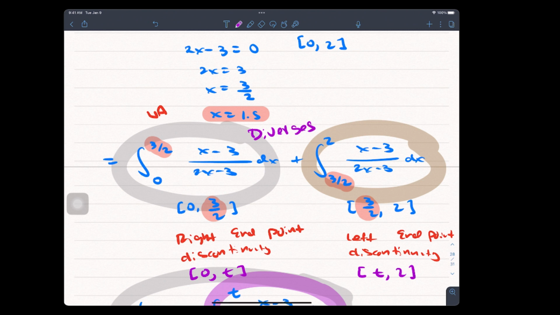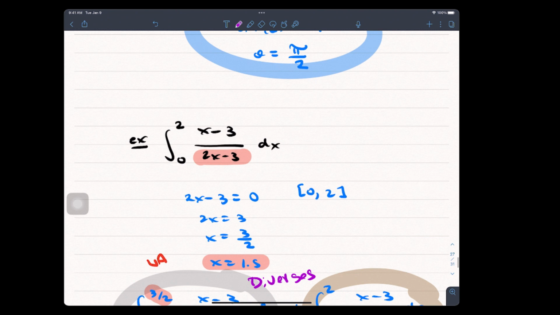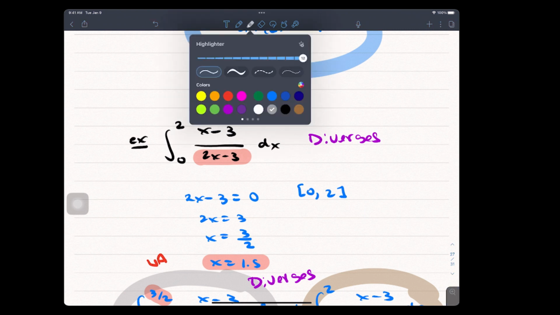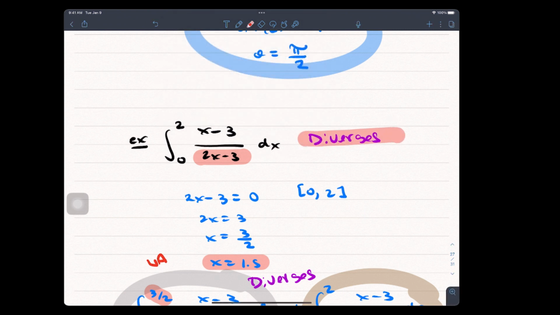So if the first diverges, it really doesn't matter what the second one does. So this whole thing diverges. In other words, in order to get convergence, you need convergence for both of those integrals, not one. For both.